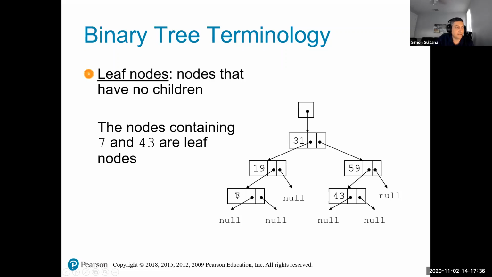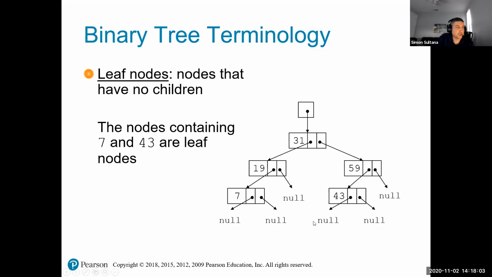Now the node that has the value 7 in it doesn't have any children, so we call that a leaf node. We're talking about trees, so we've got to talk about leaves. There are basically no branches here, it's just a leaf. You can see both of these next pointers point to null, so this becomes a leaf.